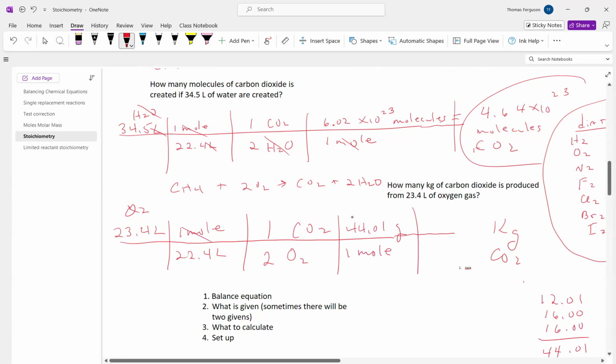Okay, so that'll give us grams of carbon dioxide, but not kilograms. How many grams are in a kilogram? Right, 1,000.